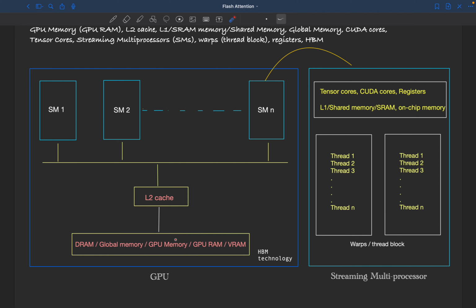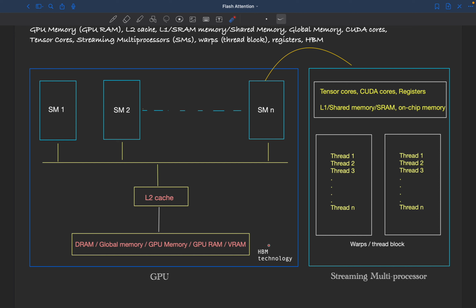So we'll take a couple of steps back. We were discussing the 80 GB RAM. How it is implemented is using a technology called HBM. That means high bandwidth memory technology. There are various ways in which 80 GB memory can be implemented on the hardware side, and HBM is one such technology.